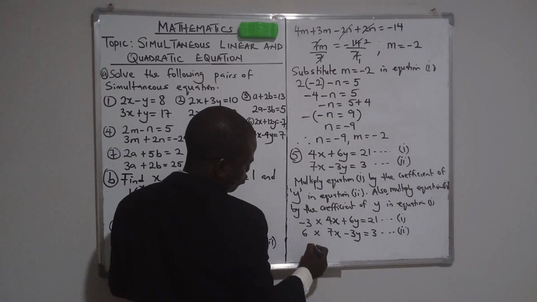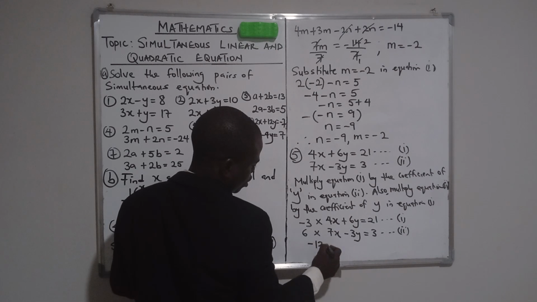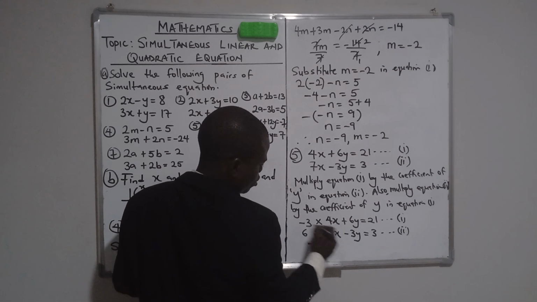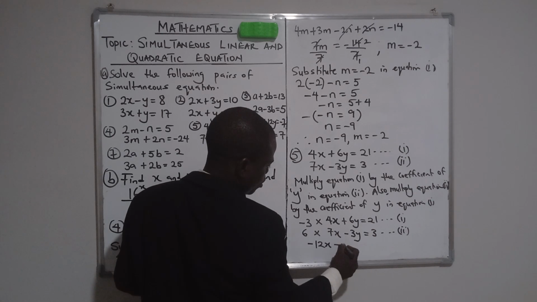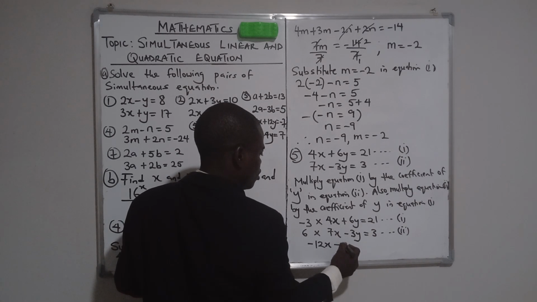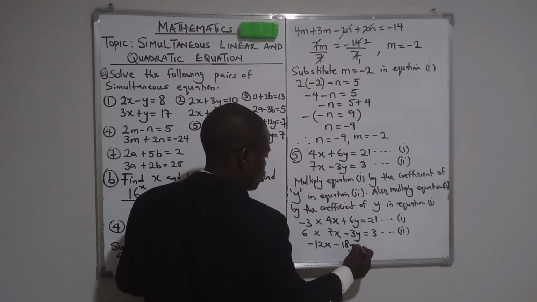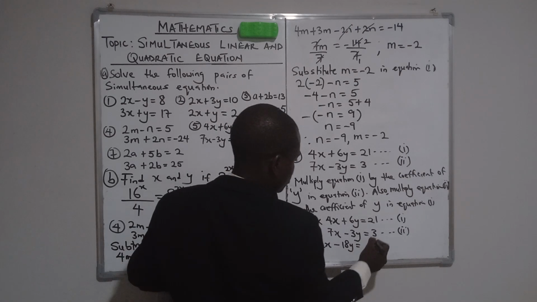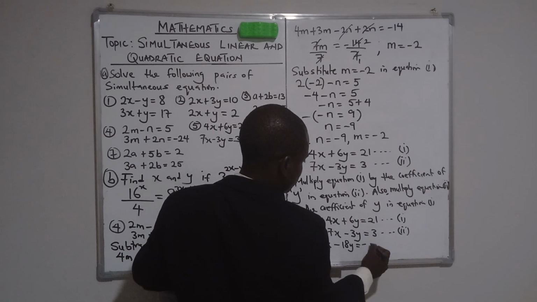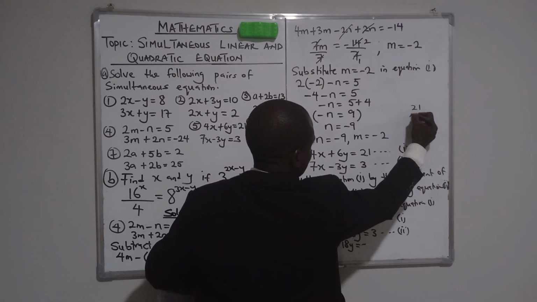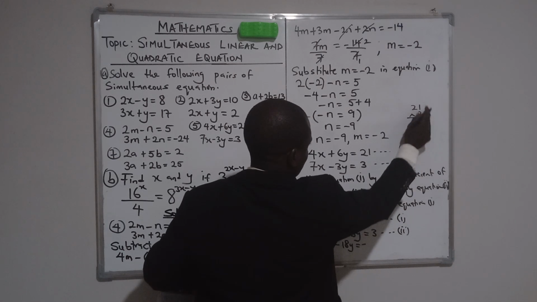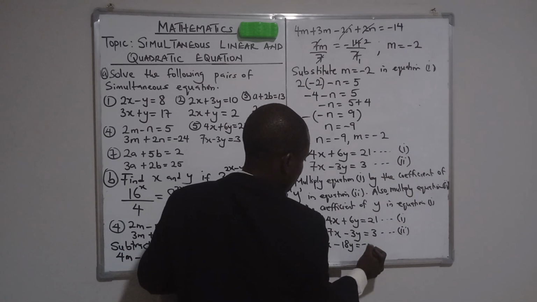When you multiply, you have minus 12x minus 3 times 6, that's minus 18y equals minus 21 times 3, that's minus 63.